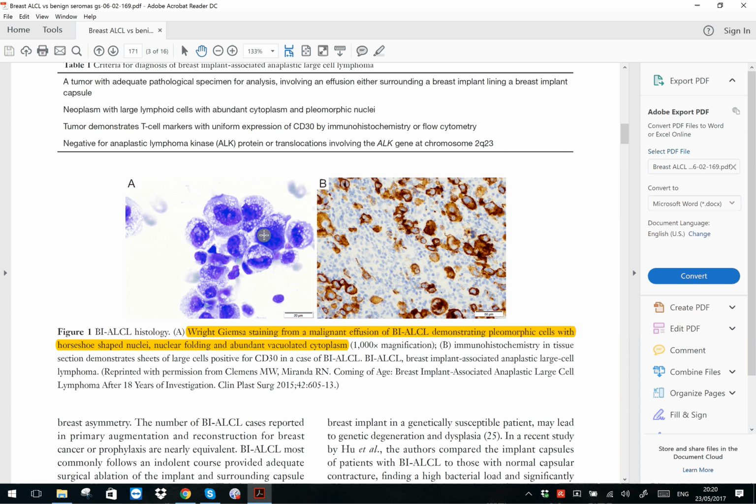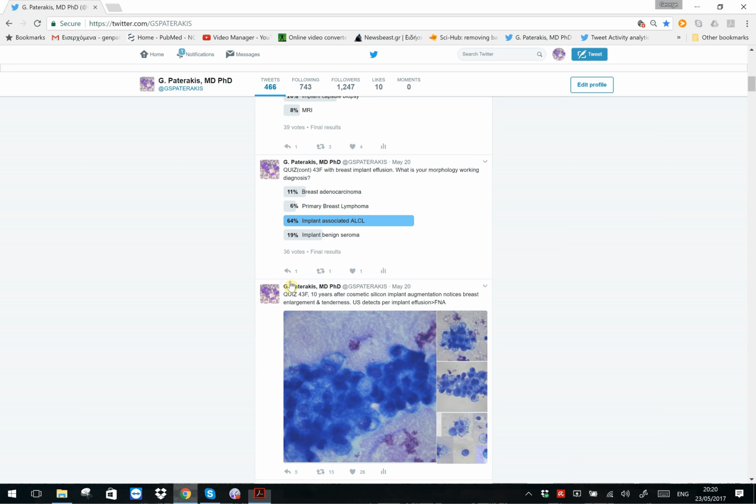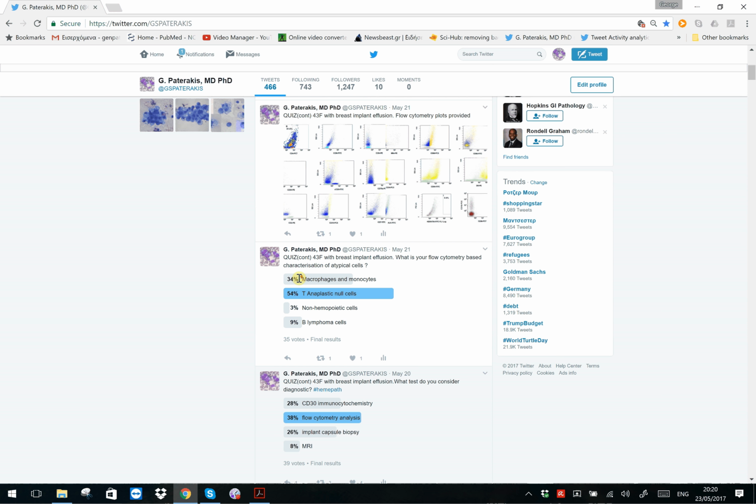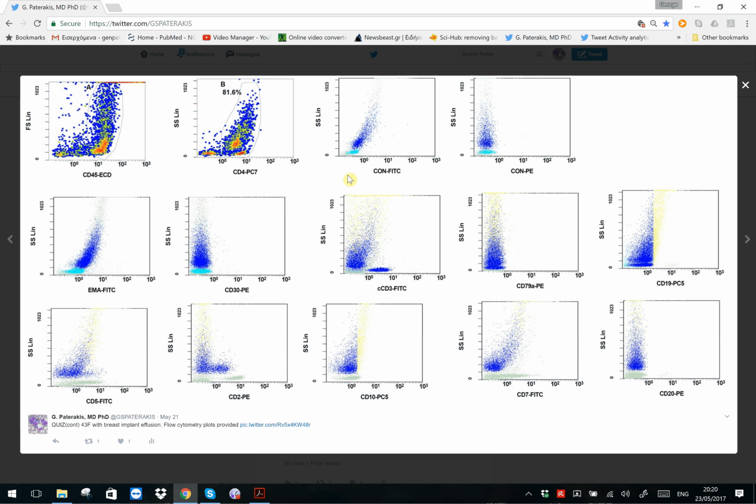What is the case we face here? So we are provided flow cytometry. And when we look at flow cytometry, we see primarily a CD45 positive population of cells. We don't see CD45 negative cells, as there should be in the case of a non-hemopoietic tumor, such as a breast adenocarcinoma.